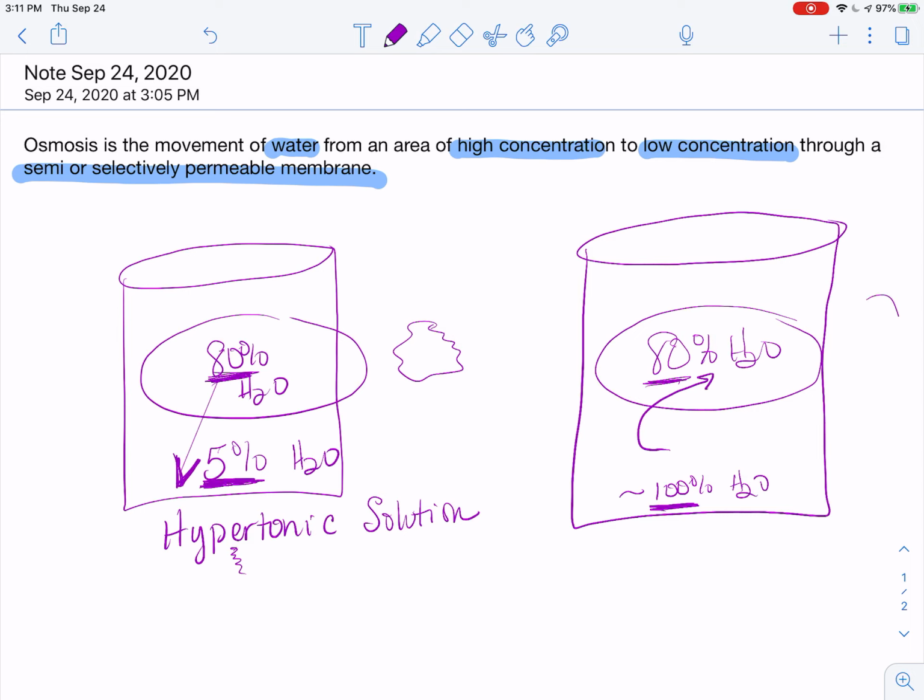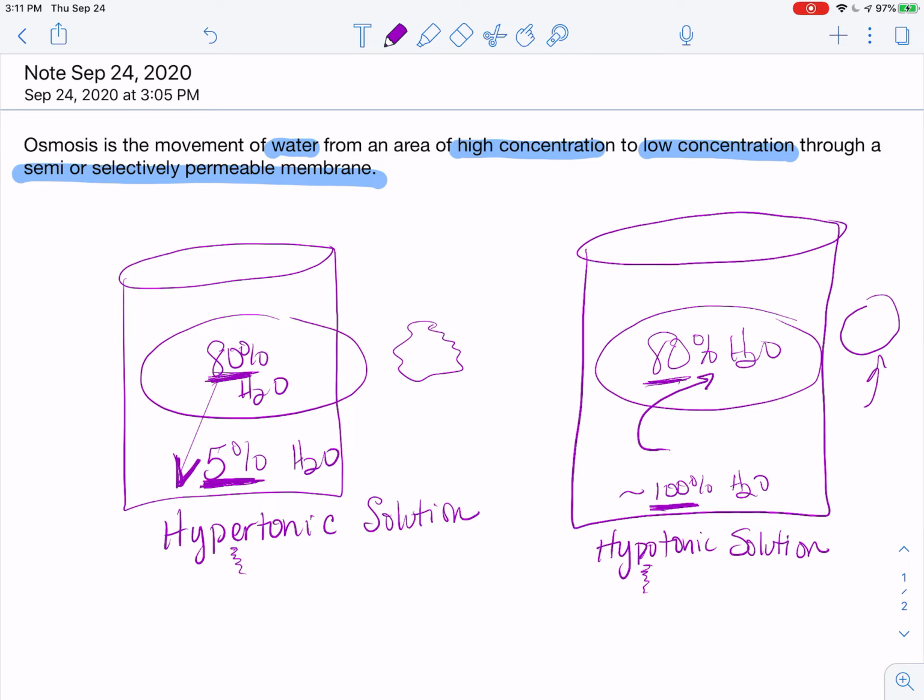So now we get that big round cell, and that's called a hypotonic solution, because there's more water on the outside than there is on the inside. Think about the hypo like that big swell. It makes that big circle and it swells.